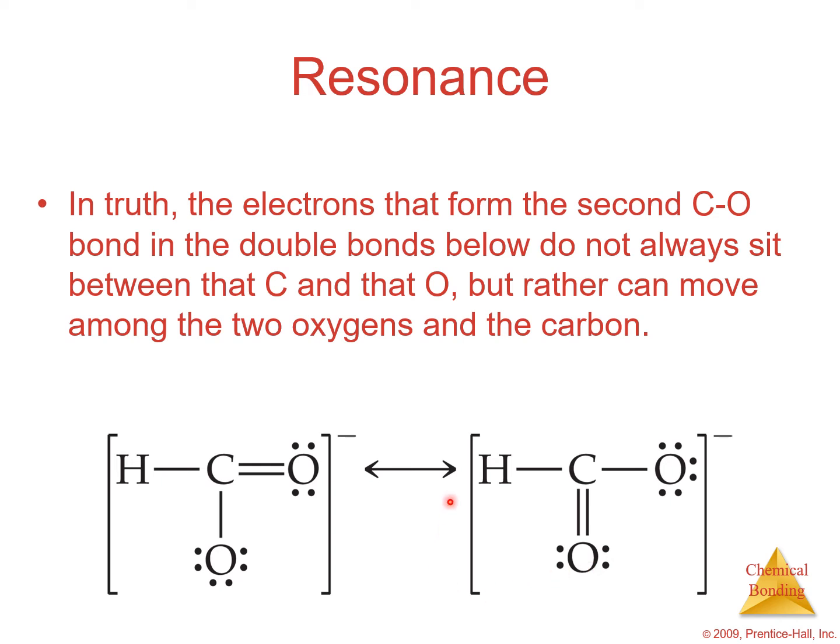Now, in truth, the electrons that form the second C-O bond, if we look at this structure, and we draw two resonance structures for it, do not always sit between that carbon and that oxygen, but rather can move among the two oxygens and the carbon.